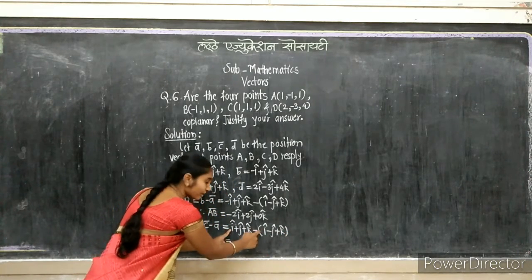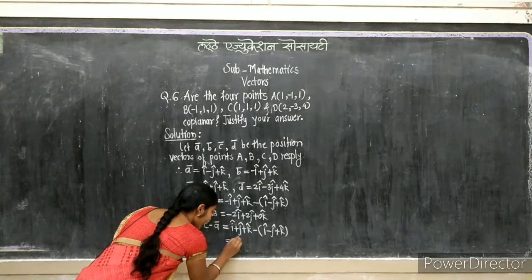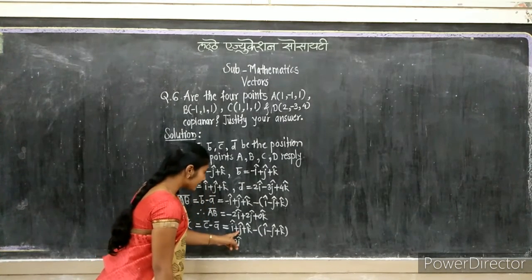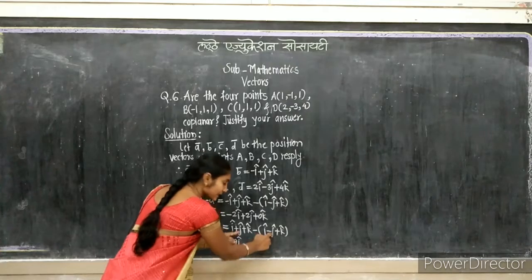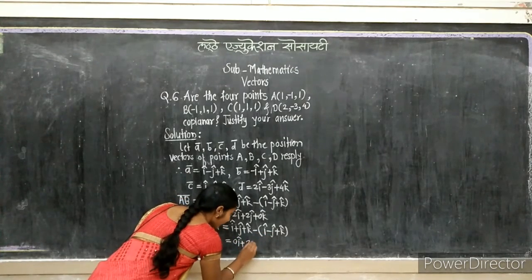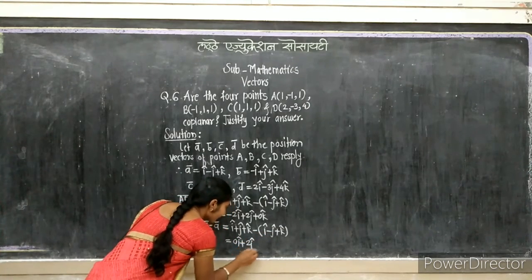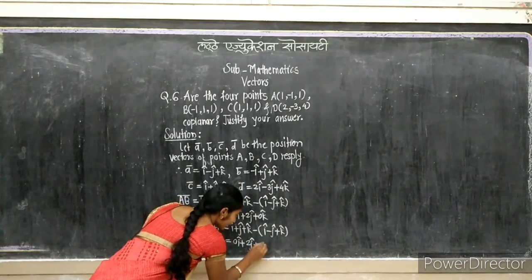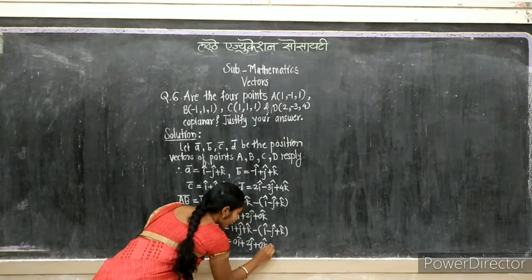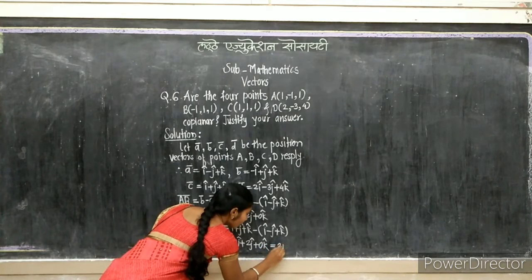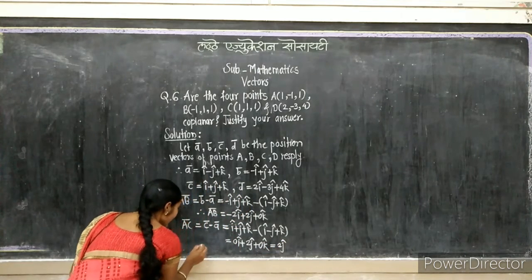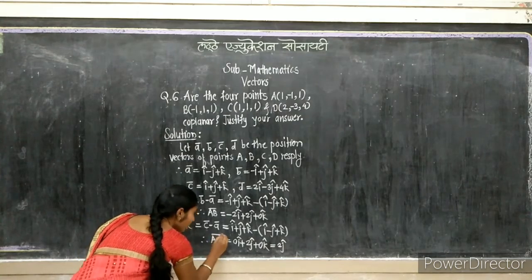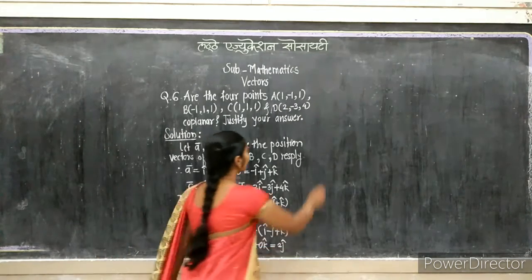That is 1 minus 1, 0 i cap, plus j plus j, that is 2 j cap, plus k minus k, 0 k cap. So AC bar is equal to 2 j cap.